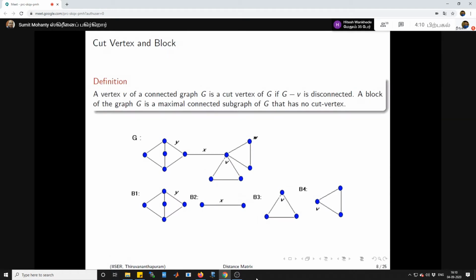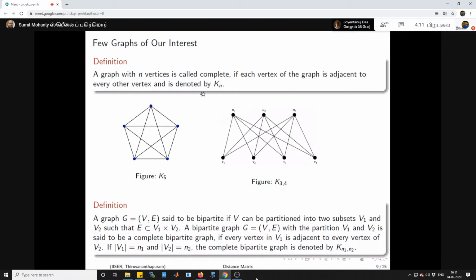Let us define a multipartite graph. I hope everybody knew it, but let us formally define it. I also need the complete graph definition. A graph on n vertices is called complete if each vertex of the graph is adjacent to every other vertex. This is an example of K5, with 5 vertices. Every vertex is adjacent to every other vertex.